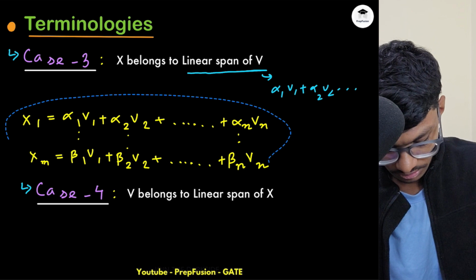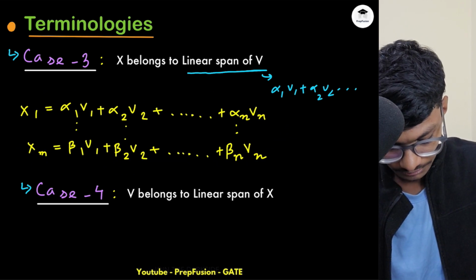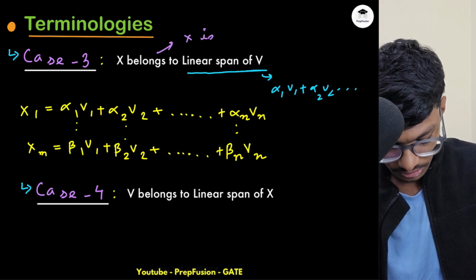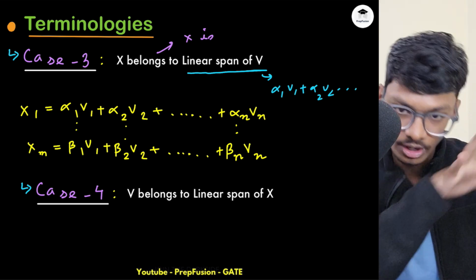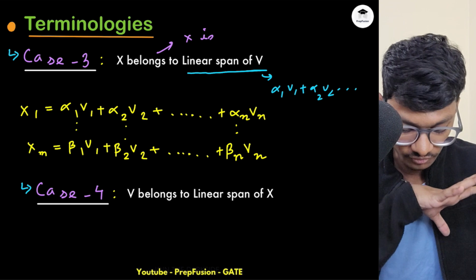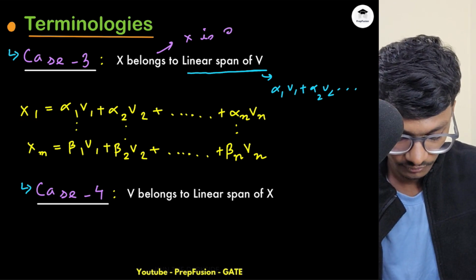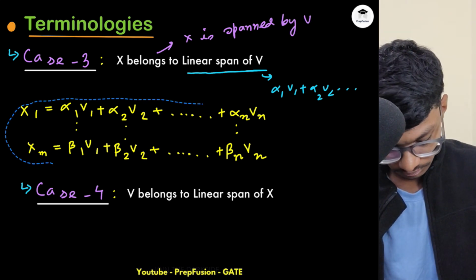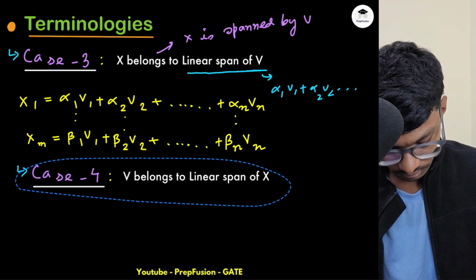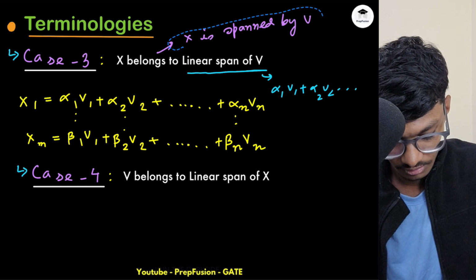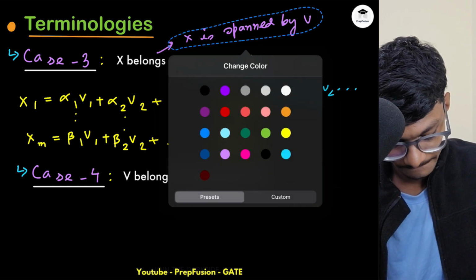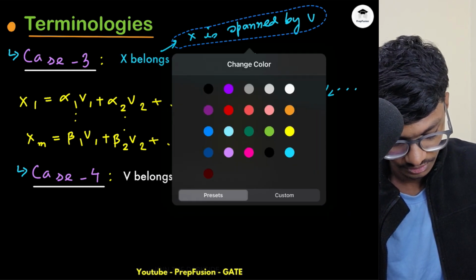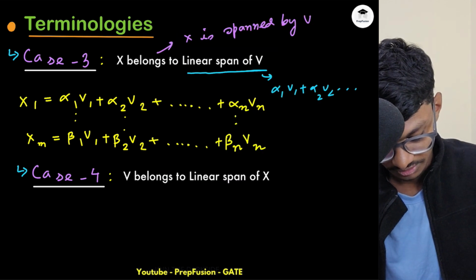So here this means that X is spanned by V. X belongs to the linear span of V. So I'm writing all the different linear combinations of V, and I can write X in terms of V. X is spanned by V. Okay.